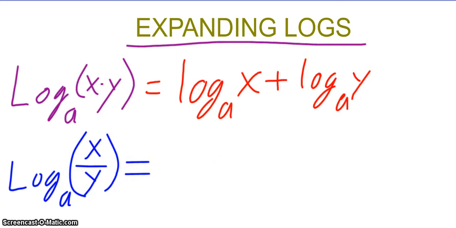This expands into log base a of x minus log base a of y. So now when we had division within the log, we separate it into two separate logs of subtraction. When we had multiplication, we separate it into two separate logs with addition. Notice that the base of the logs all stayed the same here, in this case base a, where a is some positive real number.